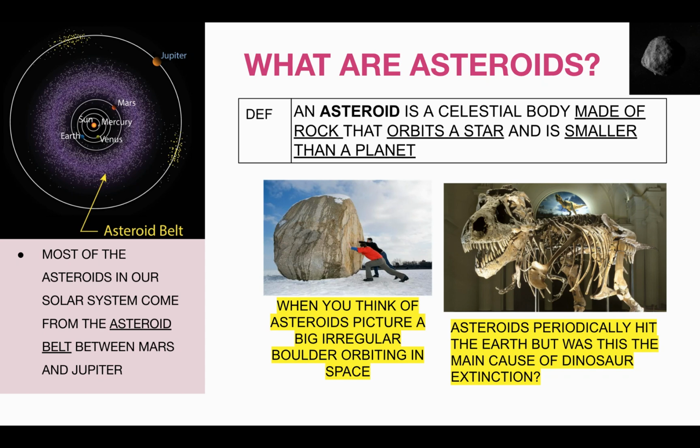So they're massive objects. But what are they really? They are generally smaller than a planet and they orbit a star. Okay, they're basically just a big rock, that massive rock that is smaller than a planet but orbits a star. Okay, so there's your definition there for an asteroid.